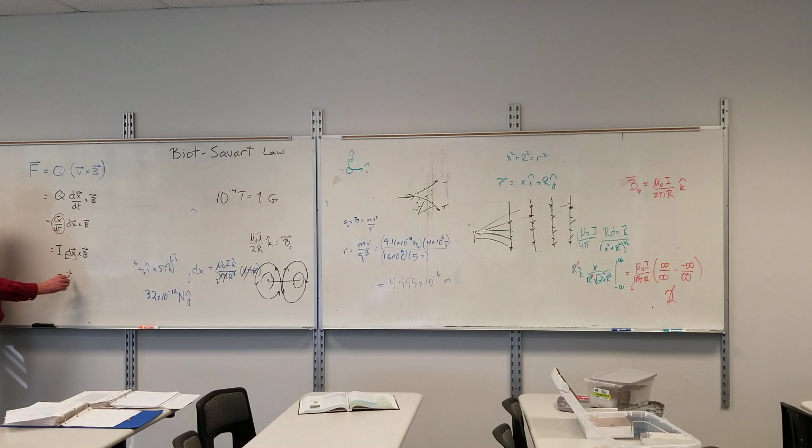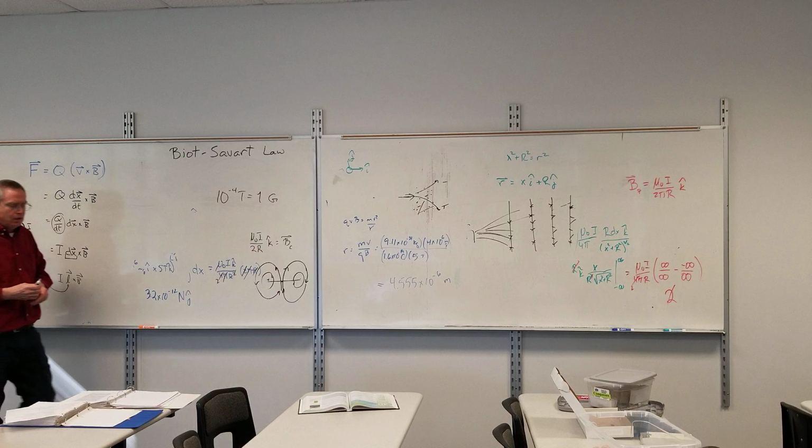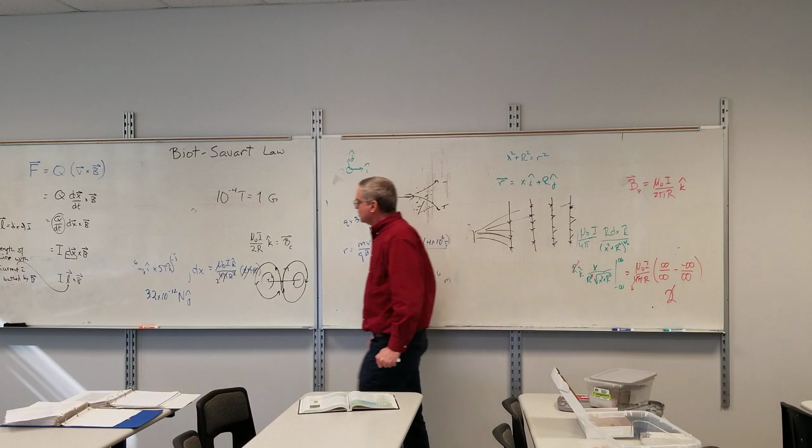So I L cross B, where this is the length of wire with current I, bathed by magnetic field B. And the direction of L is the direction of the current.